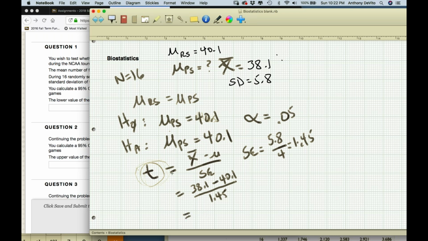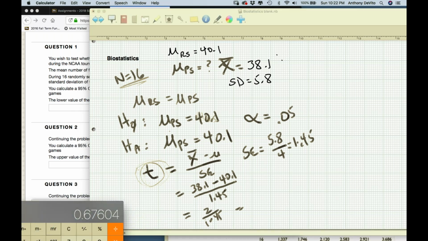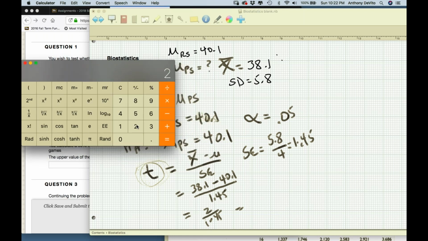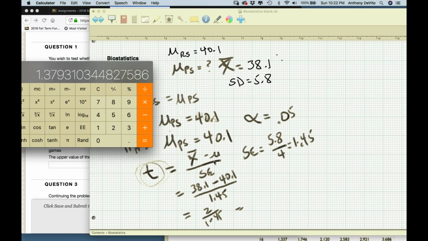So my t-score, the number of standard errors apart that these two values are, and I'm using t because it's a small sample, is going to be equal to 2 over 1.45. You guys will tell me if I make a math error. Divided by 1.45 is equal to 1.38. My t-score is equal to 1.38.